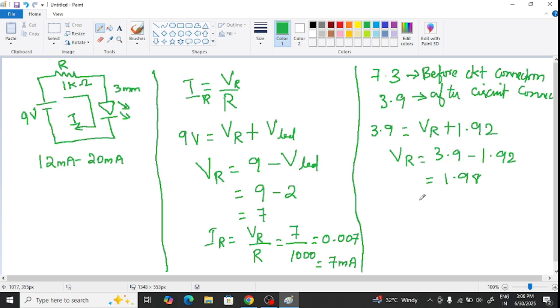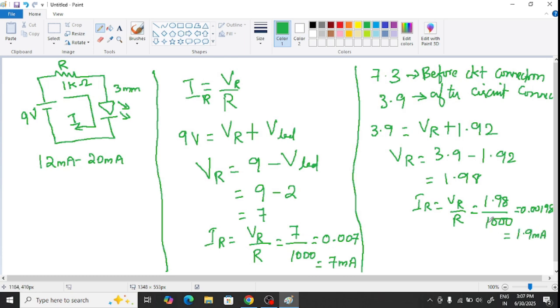So from this, IR is equal to VR by R. So VR is 1.98 divided by the resistance value, which is 1 kilo ohm, which we have chosen, 1000. So the value is 0.00198. If we convert this into milliamps, we will get 1.9 milliamps.